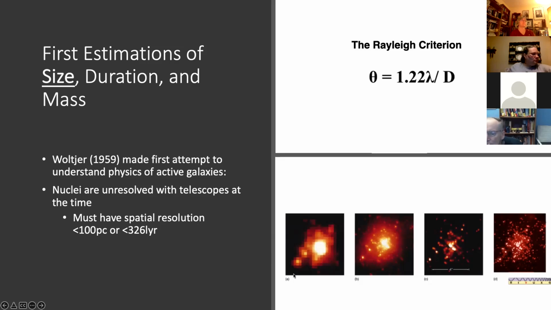If our telescope was only as good as this leftmost image, then the best we could say is that the minimum distance this active galactic nucleus spans would be this whole wide 100 parsecs, even though in reality it could be much smaller.